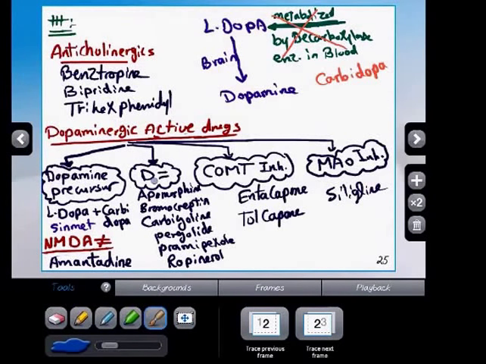Other drugs that increase dopaminergic action are dopaminergic agonists, like apomorphine, bromocriptine, cabergoline, pergolide, pramipexole, and ropinirole.